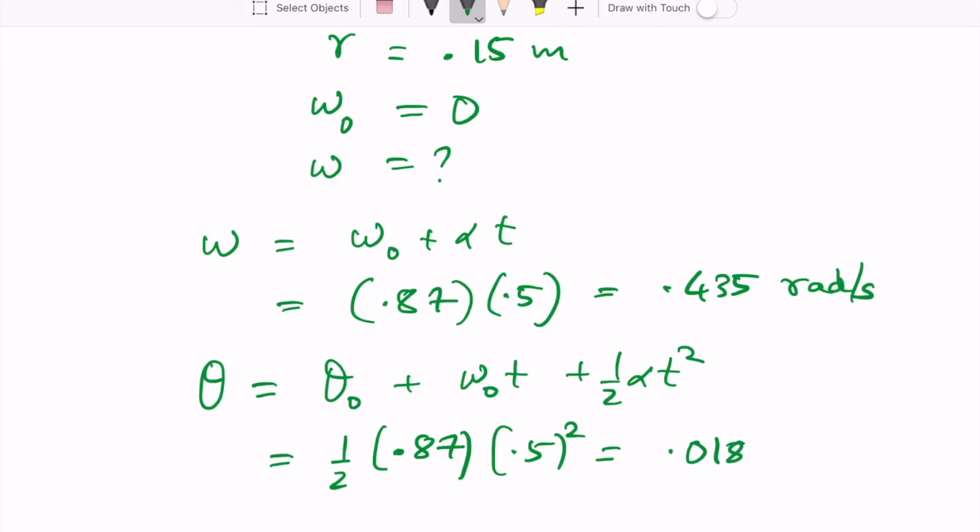No, actually, let's work that out. So half times 0.87 times 0.5 square is 0.10875.